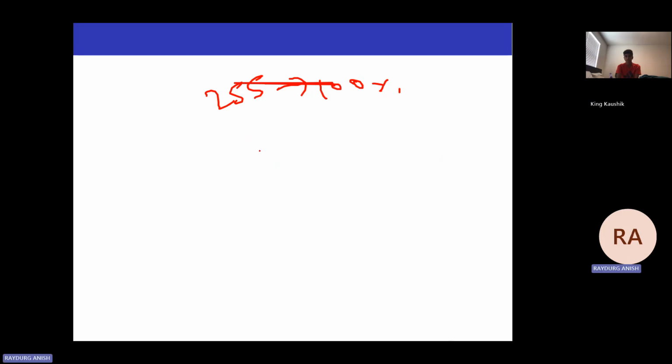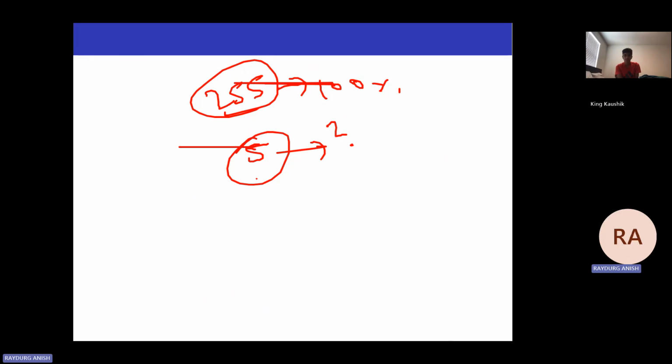Now you tell me how much 5 will correspond to. 255 corresponds to 100. You can think of 255 as the total and 5 as the on time.